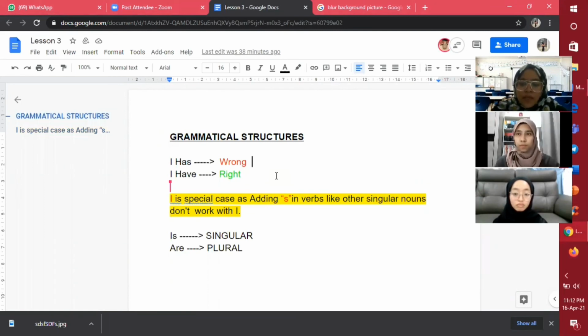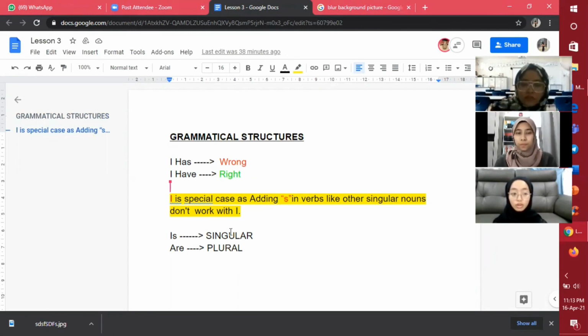So now let me ask you, which is correct between "I has" and "I have"? I have. Good job. That's correct. It should be "I have". Although I means one person, it is a special case; adding an s to verbs like other singular nouns doesn't work with I.